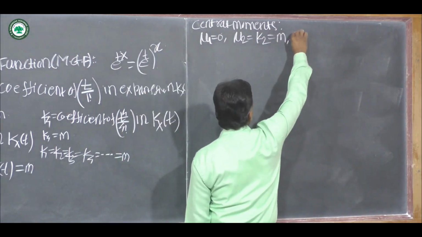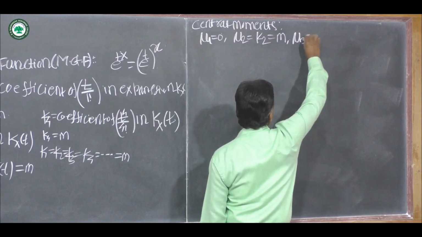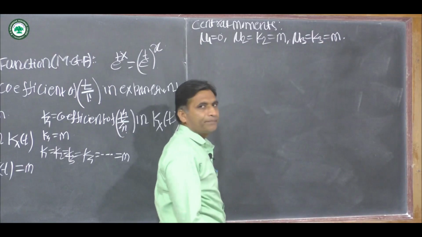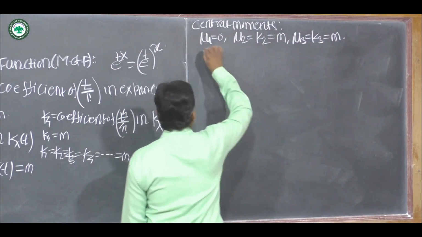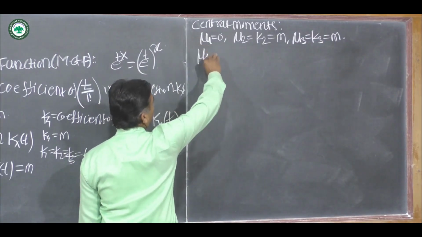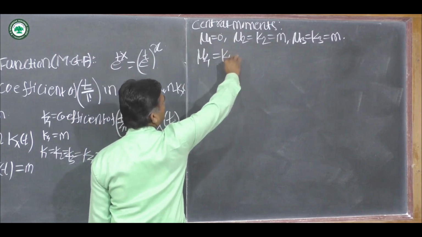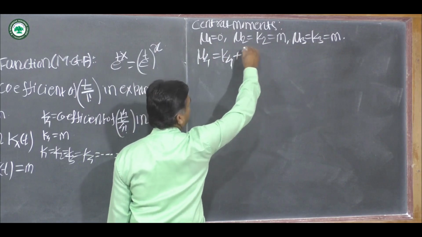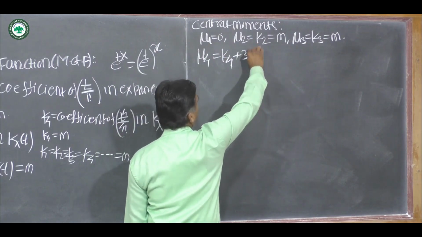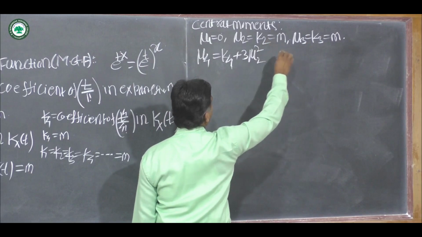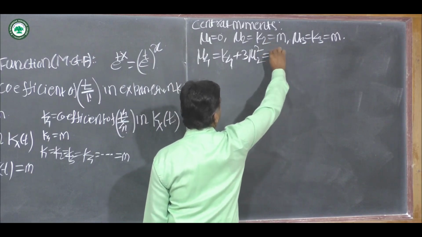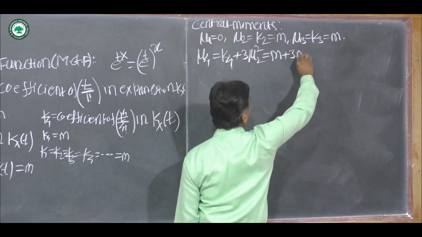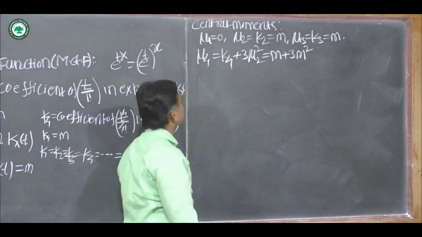Then mu3 is equal to K3 is equal to m. Next one is mu4 is equal to K4 plus 3 into mu2 square, that is mu4 is equal to m plus 3 into m square.